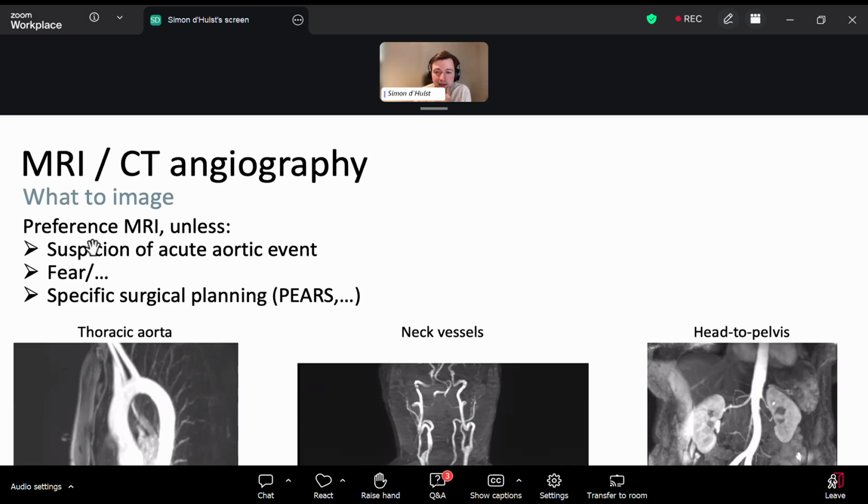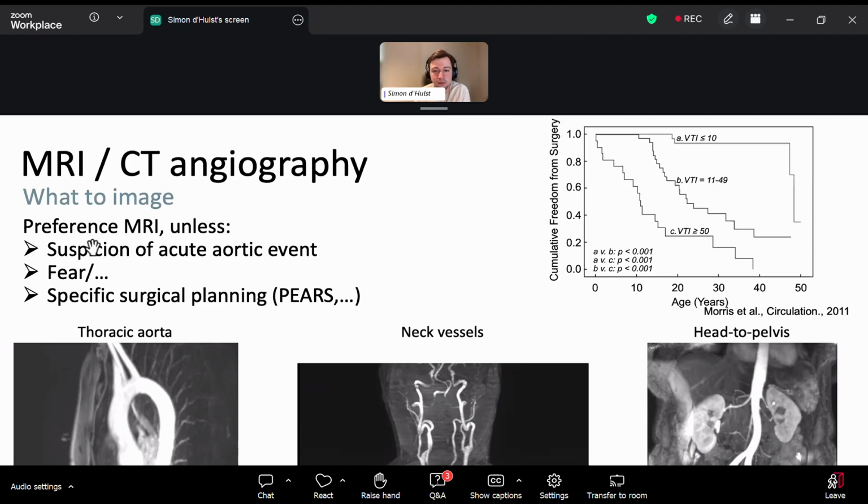As was stated before, but also as Gianluca and Dr. Chervi showed very nicely, for both Marfan syndrome and Loeys-Dietz patients, they can have pronounced vertebral tortuosity, and this is an independent risk factor for both surgery, dissection, and mortality. So this is something important to take into account and evaluate at least once in these patients.